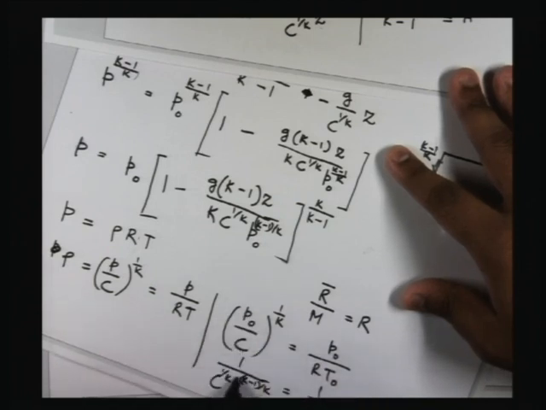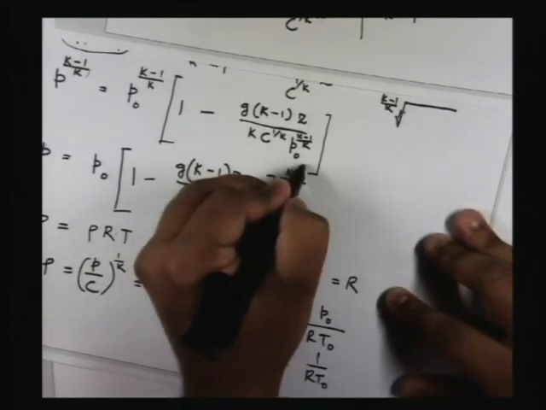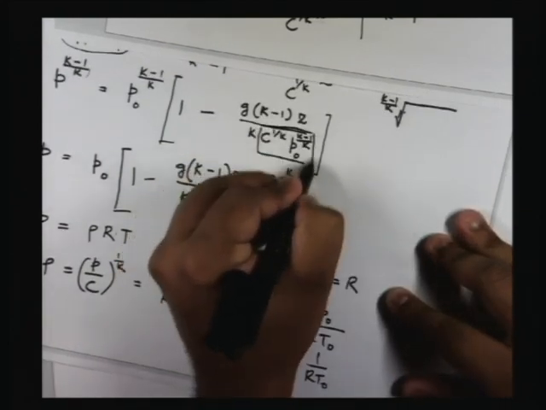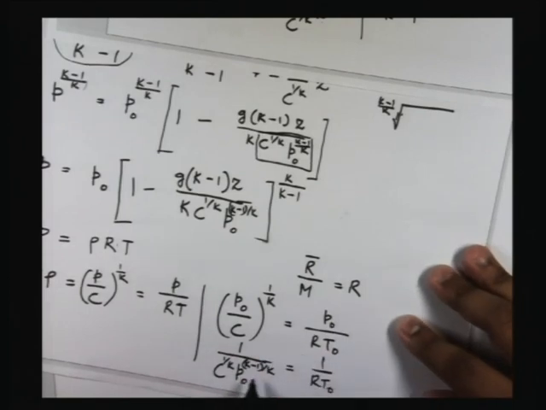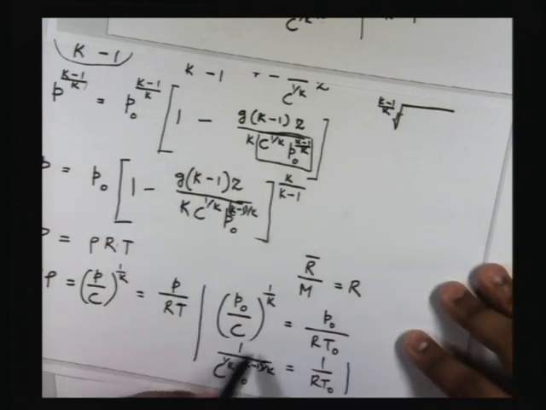So we end up with this kind of relationship of P. Just adjust the powers of P, and this is C to the power 1 by k. So we have this expression here. As we can see, we have an expression for this from here, right? We can simply replace this 1 by C term, as it appears here, with this 1 by R T naught.